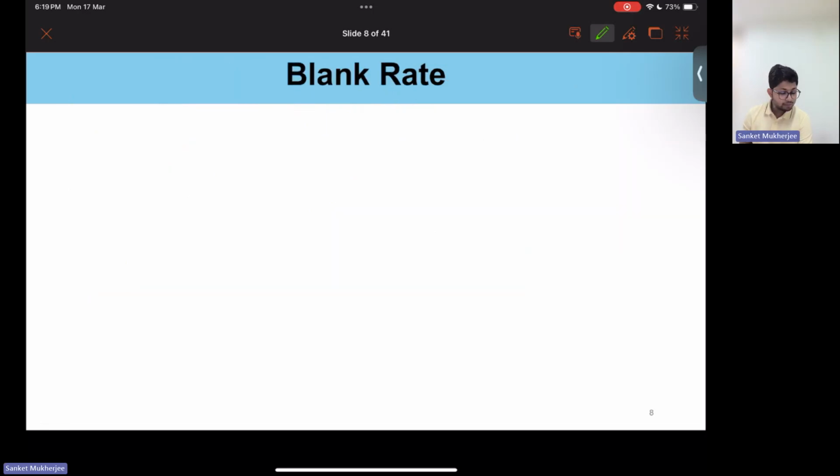Now, if we talk about the blank rate, what is a blank rate? A blank rate is the apparent rate of reaction in the absence of one of the components.